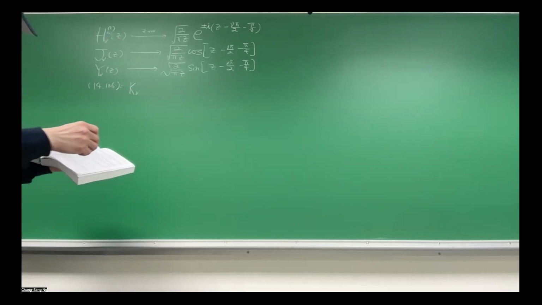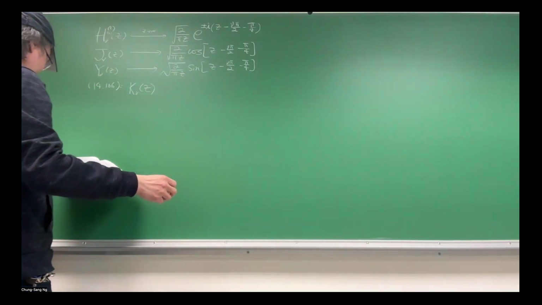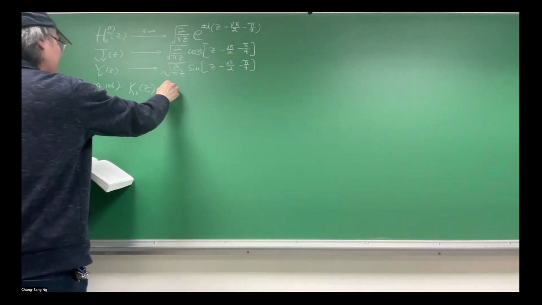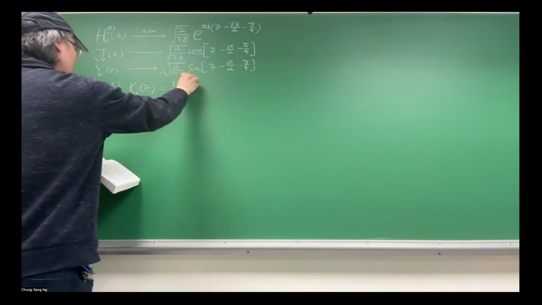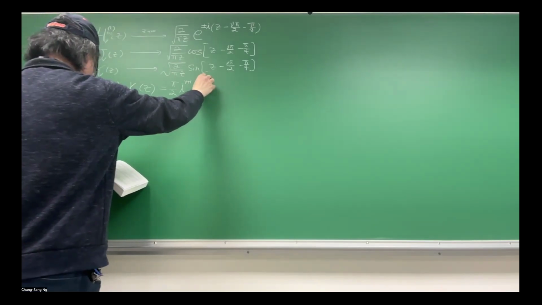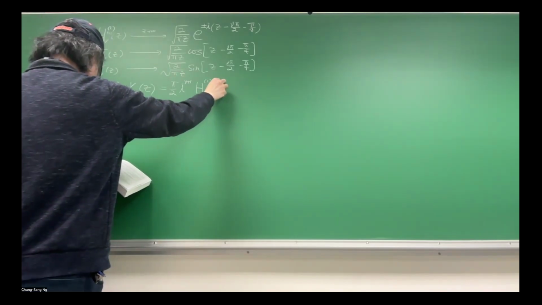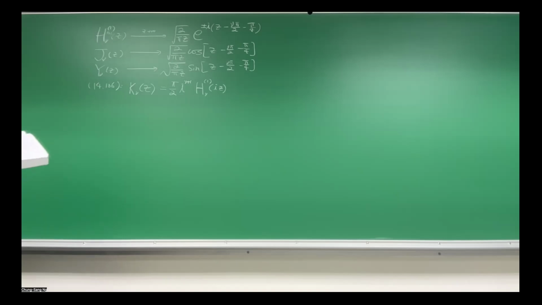Now this is using X; the variable for the argument is all over the place, but that doesn't matter, change it back. K nu is pi over 2 i to the nu plus 1 H nu 1, with an imaginary argument for real Z.